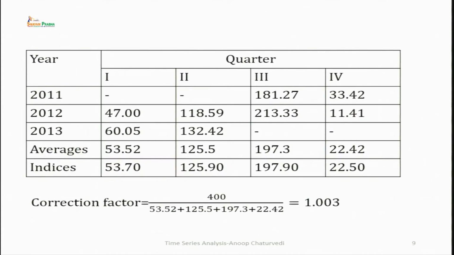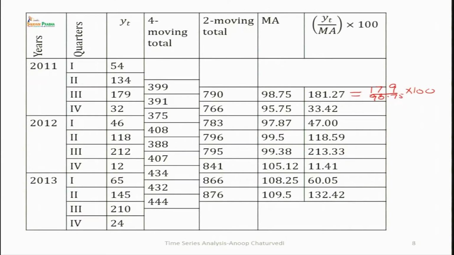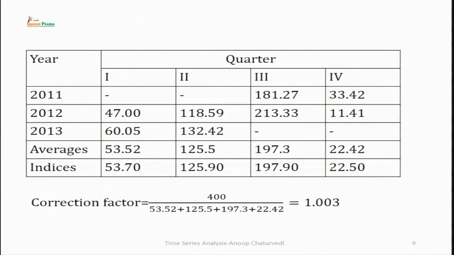Now, we arrange the entries of last column, this column, like this, year wise and quarter wise. So, we start from here 181.27, 33.42 and so on.